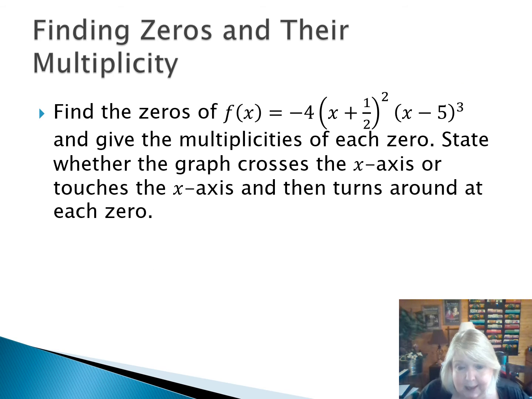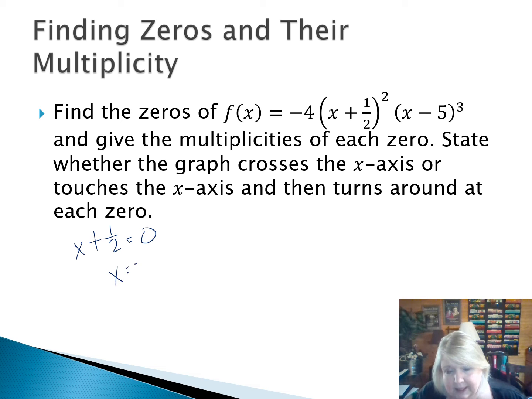So as an example, let's find the zeros of this function f and give the multiplicities and then tell you what happens on that graph. So if I take the first factor, I'm not worried about the negative 4. I'm looking at the variable factors, x plus 1/2. If it equals 0, then x is negative 1/2.